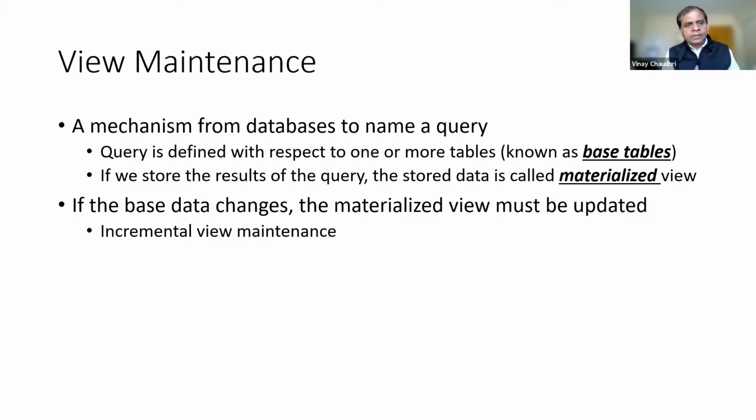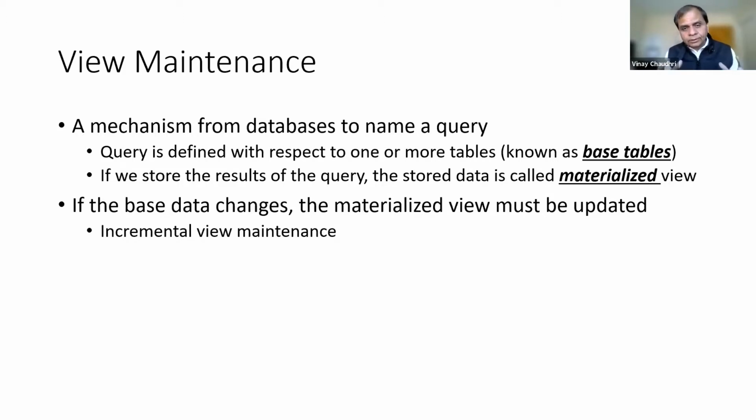We can name a query using a view, and if we like, we can store the results of the query. The data from which we are computing the query is known as the base data, and the stored results are referred to as the materialized view. And now if the base data changes, we have to update our view.